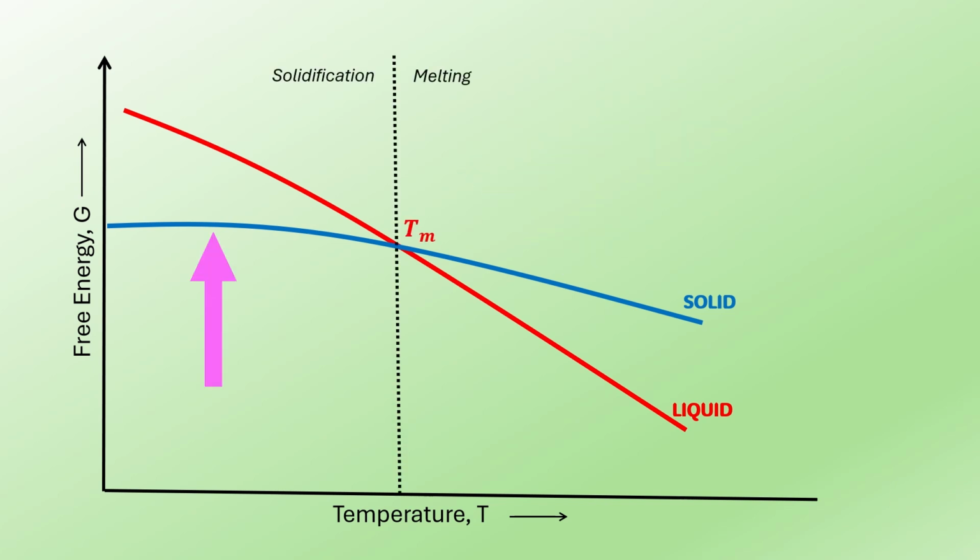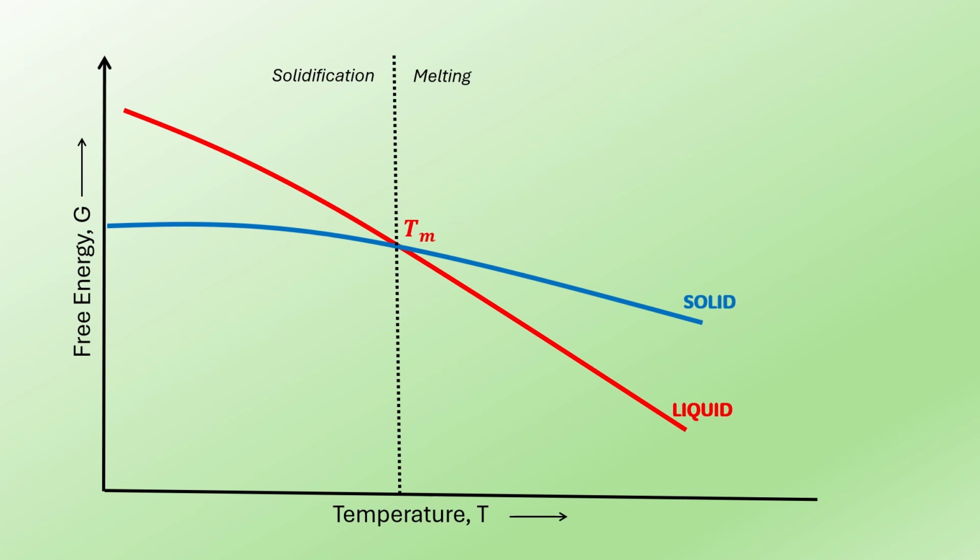At low temperatures, the solid has lower free energy than the liquid. That means the solid is more stable. As we increase temperature, the free energy of the liquid decreases faster. At one specific temperature, the two curves intersect. This temperature is the melting point, denoted by Tm. At the melting point, the free energy of the solid is equal to the free energy of the liquid phase.